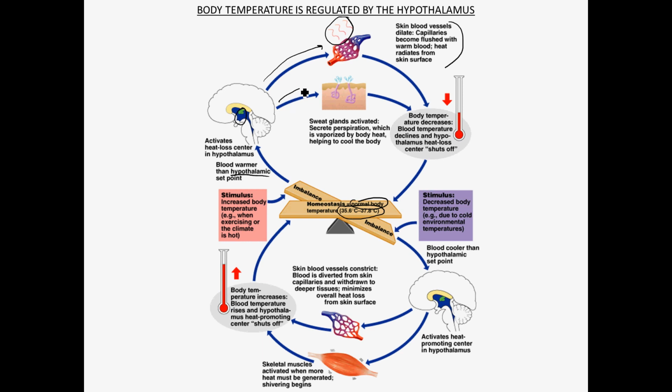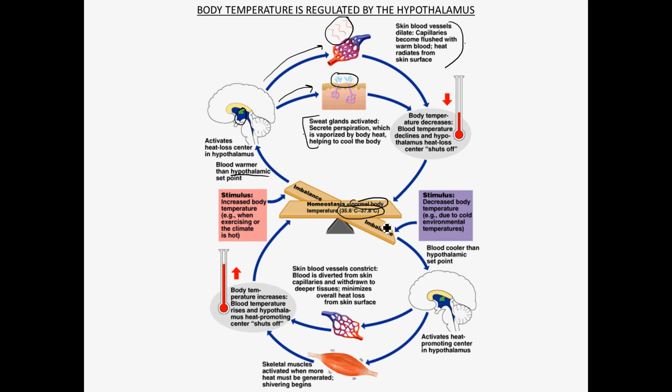Your hypothalamus also, via the nervous system, will signal your sweat glands to begin producing sweat, and as the sweat leaves, water has a high specific heat, so it holds a lot of heat, and so as you lose the water, you lose some of that body temperature. So these two reactions then serve to bring the body temperature back down into this homeostatic range.